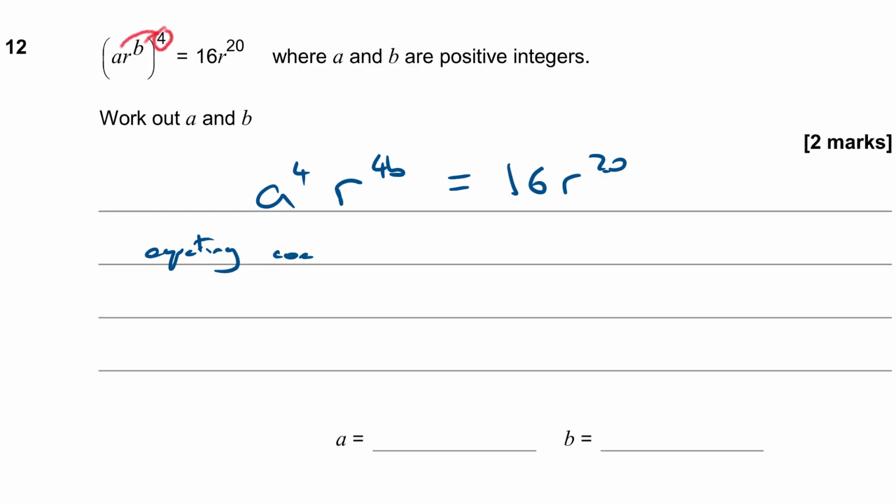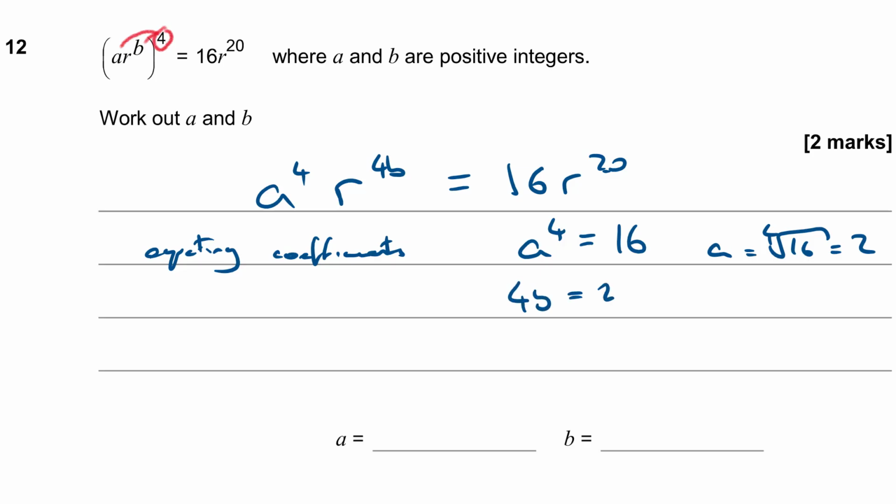Equating coefficients, that gives me a to the power of 4 must be equal to 16. So a is equal to the 4th root of 16, which is going to be 2. And 4b is going to be 20, meaning that b is equal to 5. So a is 2, b is 5.